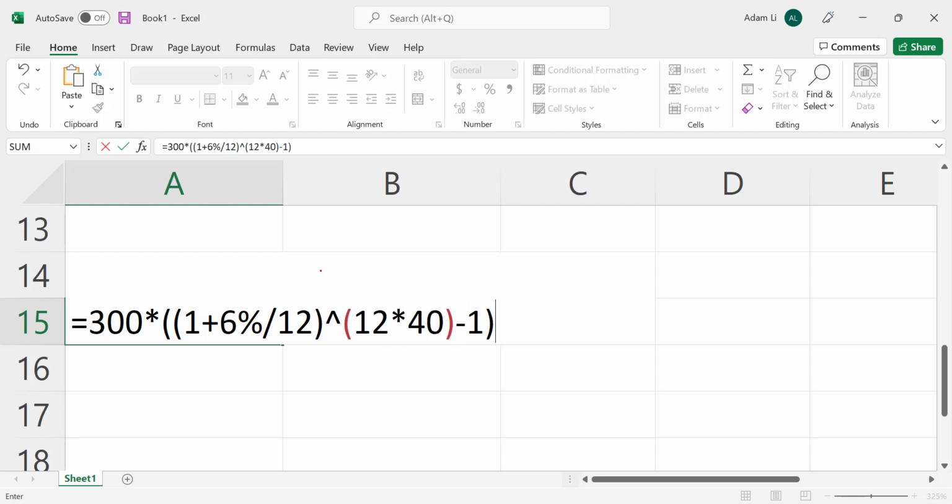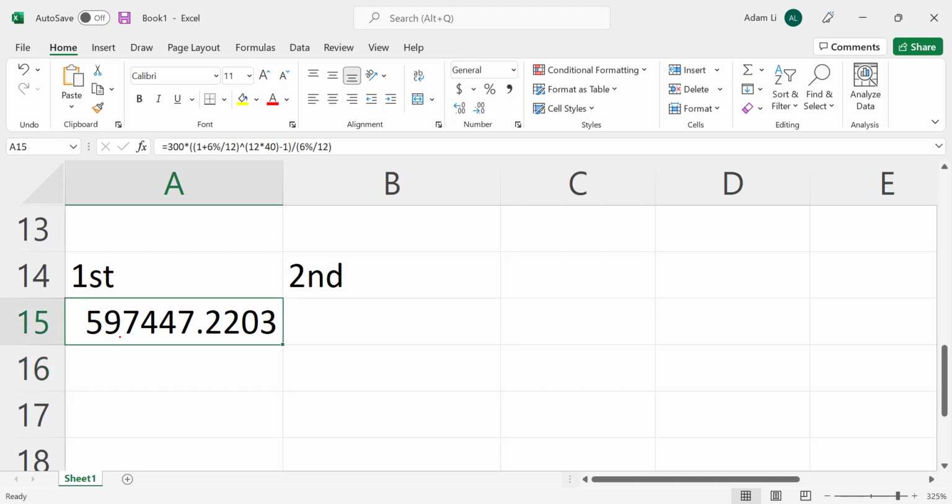Minus 1 divided by 6% by 12. Alright, so now once you enter the result, that turned out to be $597,447.22.